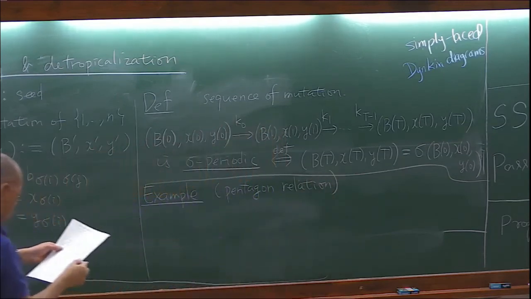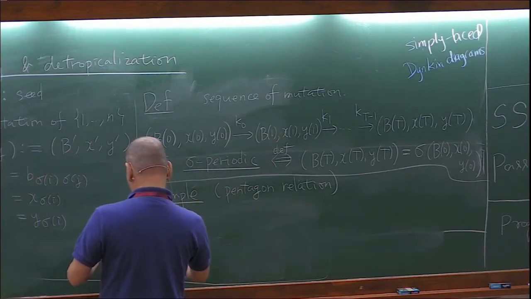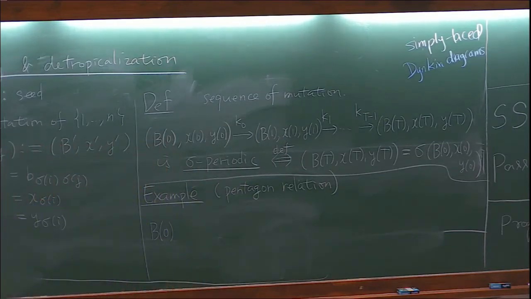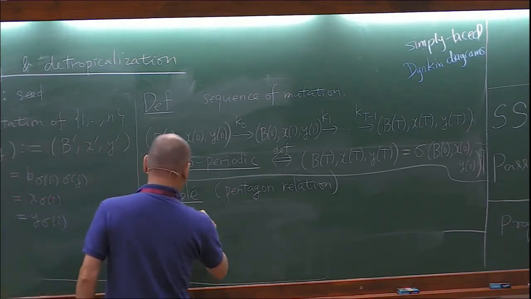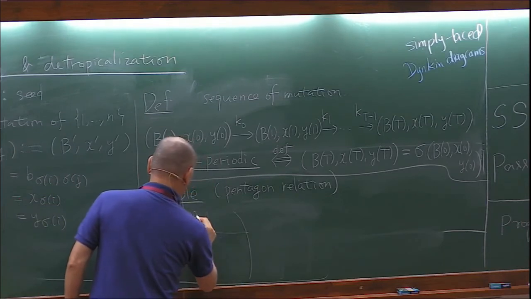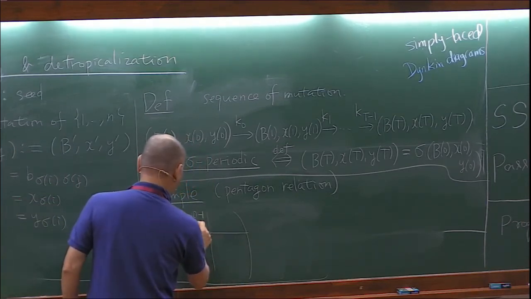Pentagon relation. And this is a type A2 case, but it can be phrased in a more general way. Suppose your exchange matrix is, so this is the rank n case, but suppose your first section is, say, something 1 and 1.